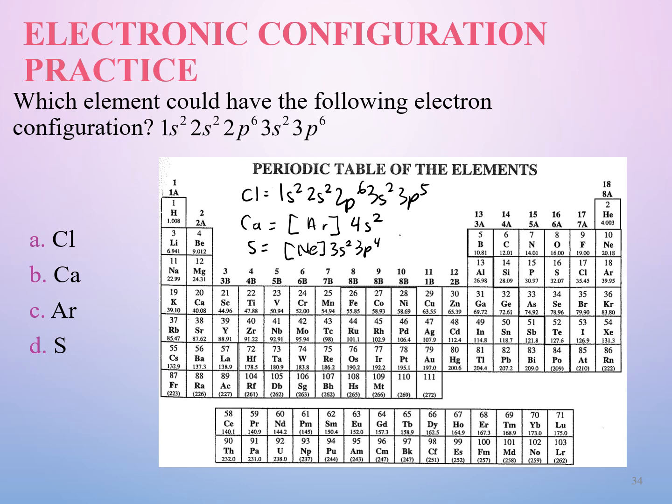Okay, so that's how you do a short form. So if you have Cl here, technically we could have written the short form of neon, and then 3s2, 3p5. It's the same thing, okay?